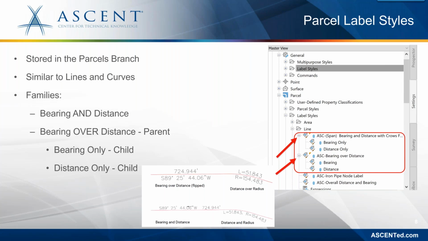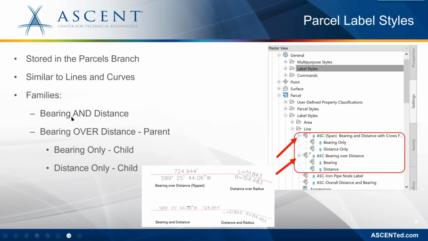For our parcel label styles, and later on when we use the parcel labels, we have all the line labels that we just had, but then it also has its own unique labels for parcels. And in that, this is where we see a parent and a child.